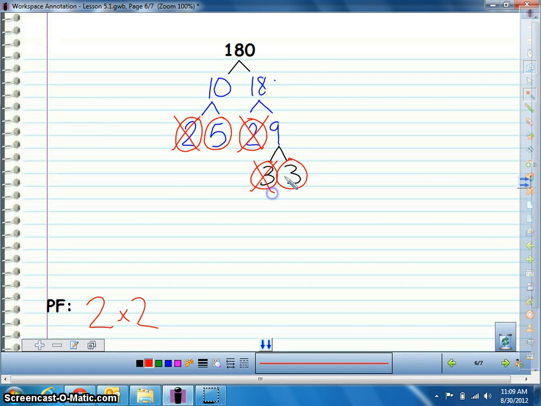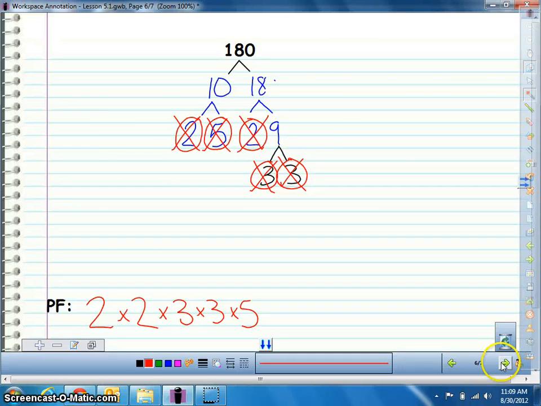I've got 2 3's that I'm going to add to my string. And last but not least, I have a 5. So 2 times 2 times 3 times 3 times 5 is the prime factorization for 180.